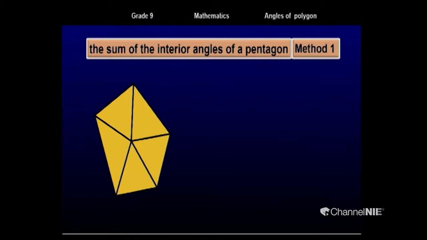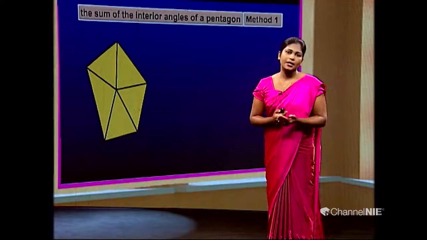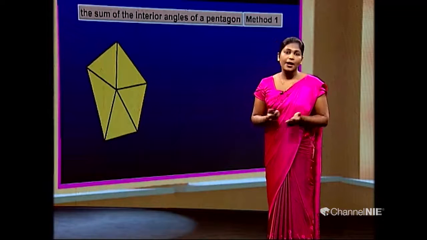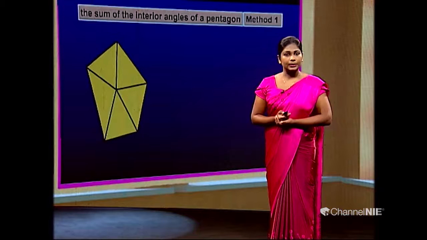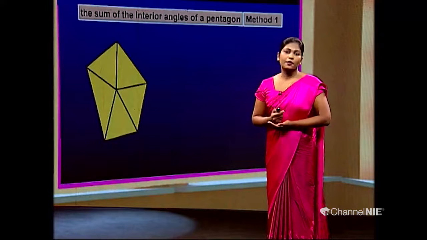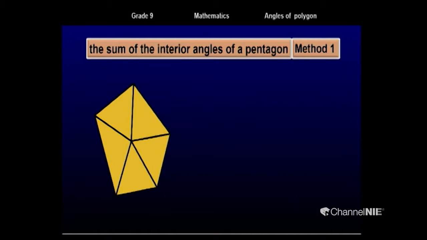Then we want to find the sum of the interior angles of a pentagon. You know the sum of the interior angles of a triangle is equal to 180 degrees. So we can multiply that by 5. Then you can obtain the sum of the interior angles of this pentagon. Look at this: 180 into 5.